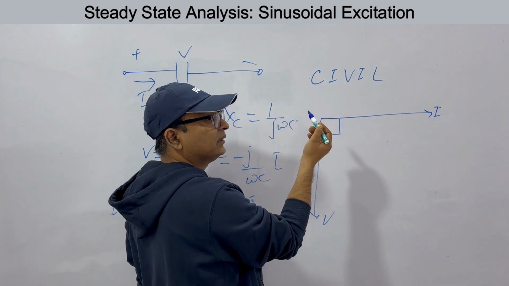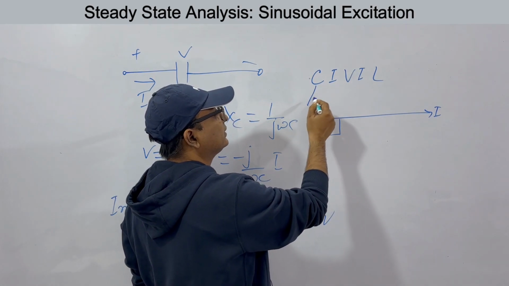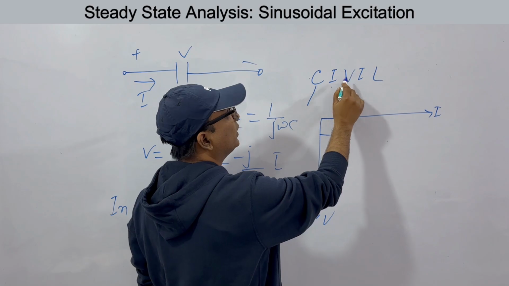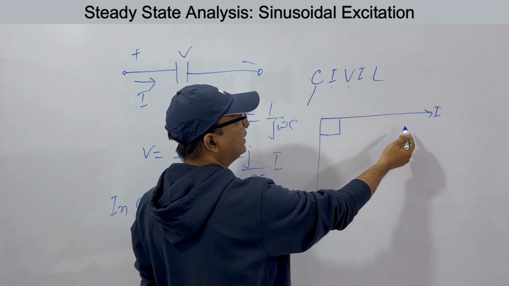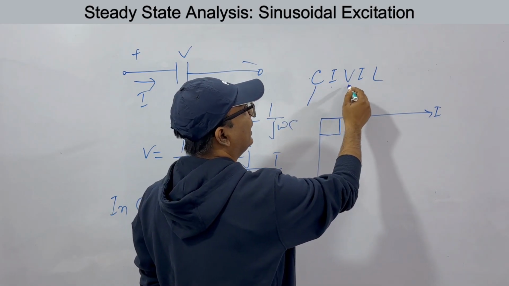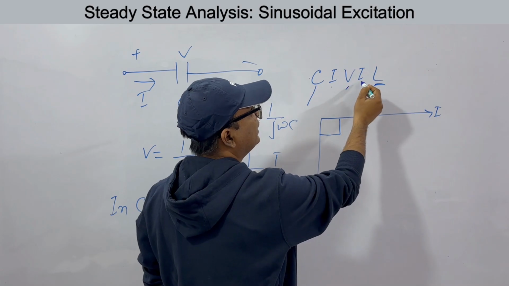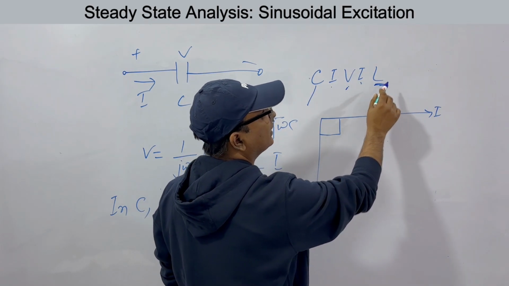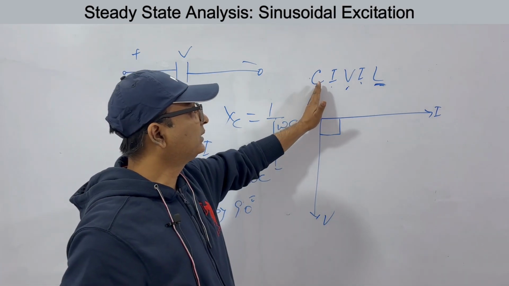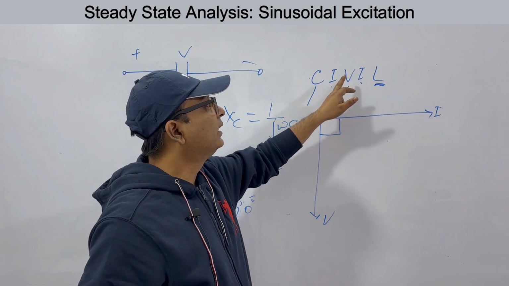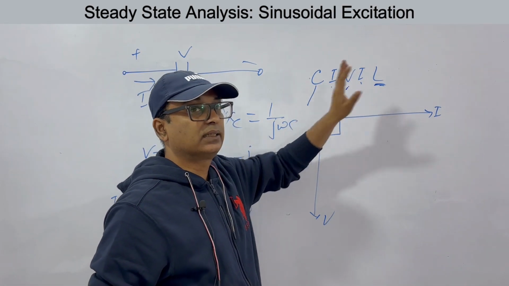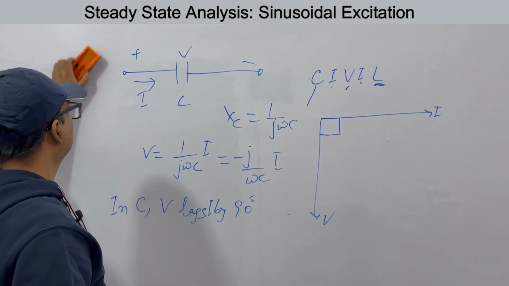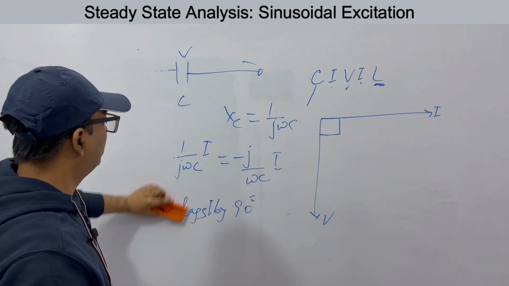So we say like this: in capacitors, current leads voltage by 90 degrees, and in inductors, voltage leads current. In capacitor, current leads voltage, and voltage leads current in inductor. Just so that you remember this.